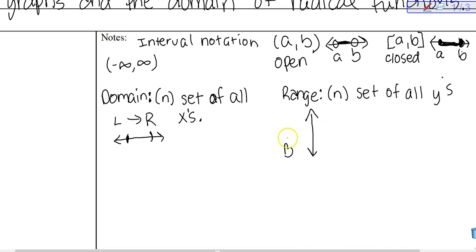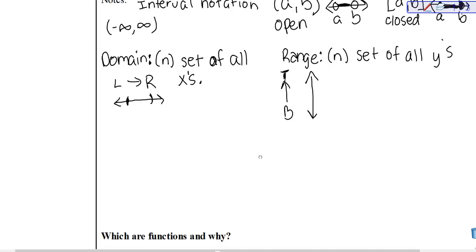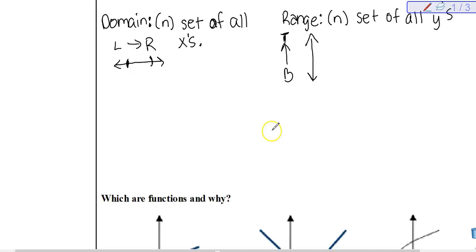I'm measuring from bottom to top. Okay, so just a reminder of what are we looking for in your domain. It's all of the x's in the answer. What are you looking for in the range? It's all of the y's that are part of your solution. Okay, so there's those terms. And then I have 2 more vocabulary terms, and then I want to do a picture. I'll probably go ahead and do my picture over here in the left-hand side.